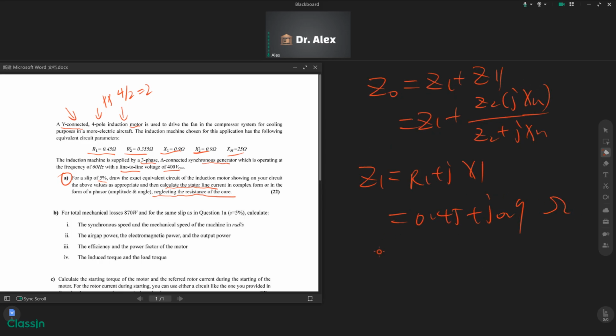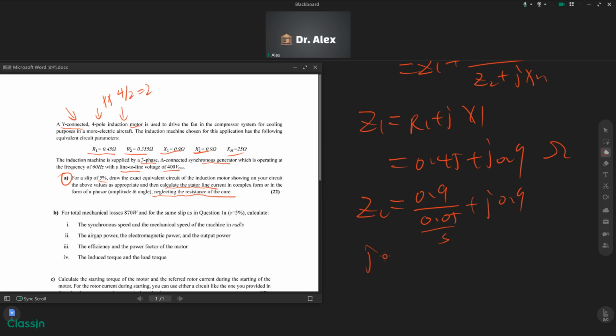The unit is ohm. Z2 should be like this: 0.9 divided by 0.05, this is R2 over S, plus j0.9. And jXm equals j25 ohm.